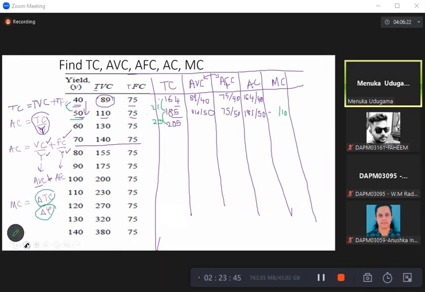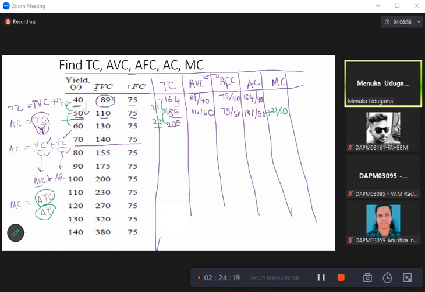This difference is 20 when you move from 50 to 60. So when you produce the 50th unit, there you get 21 over 10.